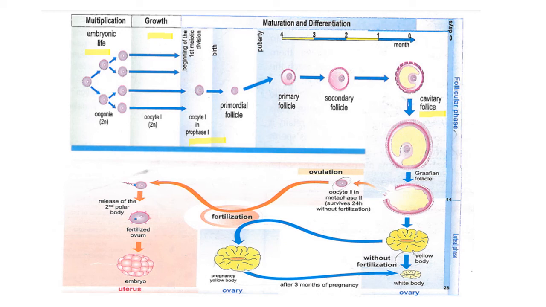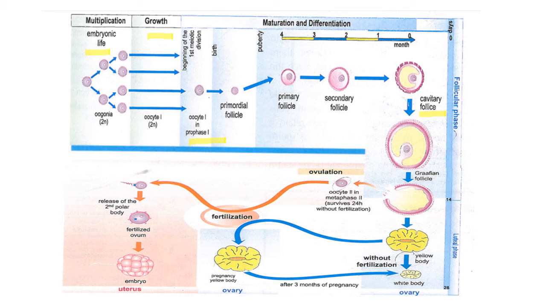we have oocyte 1 continuing meiosis 1 to give oocyte 2 and the first polar body. The first polar body degenerates, and oocyte 2 is released by ovulation into the fallopian tube. So ovulation will occur no matter the result, no matter if there is fertilization or not. Oocyte 2 survives 24 hours.